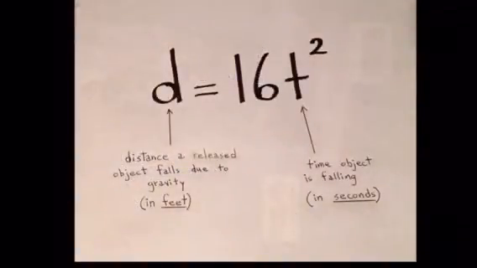A simple quadratic equation describes how far in feet a released object will fall due to the force of gravity in some given time t in this formula, expressed in seconds. d equals 16 t squared.